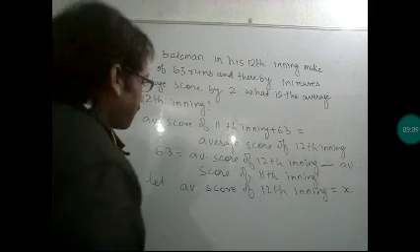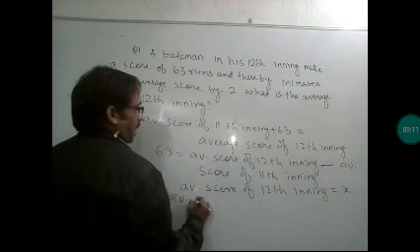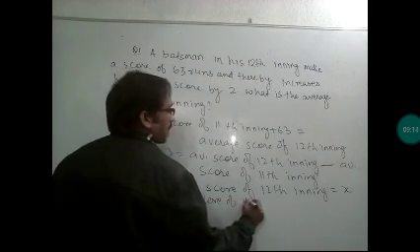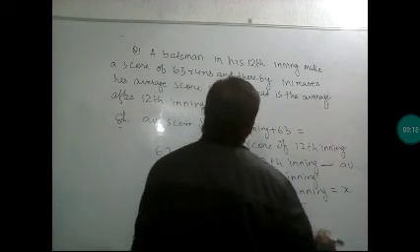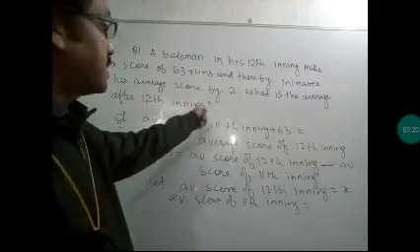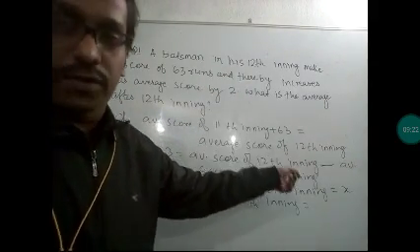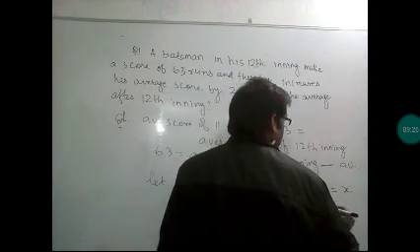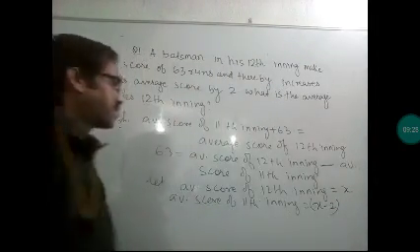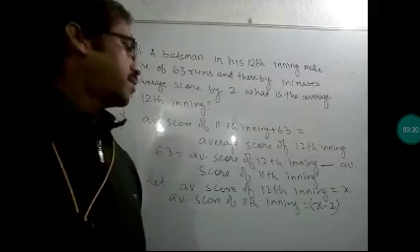Let the average score of the 12th inning be x. Since the average was increased by 2, before that the average up to the 11th inning was x minus 2.